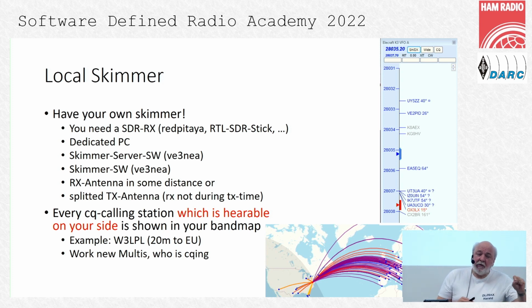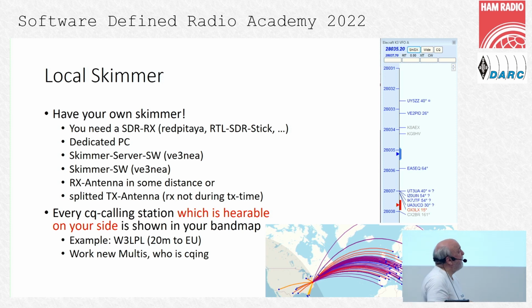Why should you have a local skimmer? Because every CQ calling station which is actually hearable at your own site is skimmed by your local skimmer and is then shown in your band map as a possible QSO.